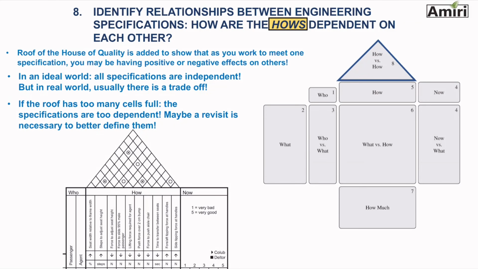In this case, you look at only engineering specifications, looking at the example that we have. For example, steps to adjust seat height has a strong relation with force to adjust the seat. It also has a strong relation with time to transfer between seats.